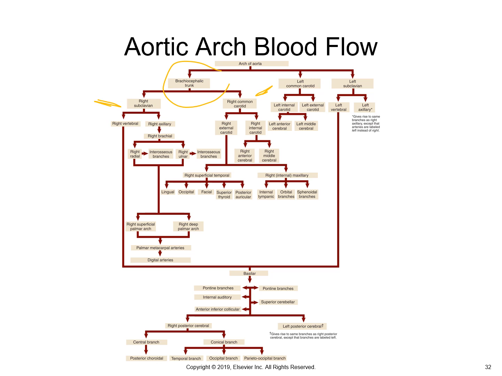All right, so the second major branch was the left common carotid artery. It directly arises from the aortic arch, and it supplies the left side of the head and brain.